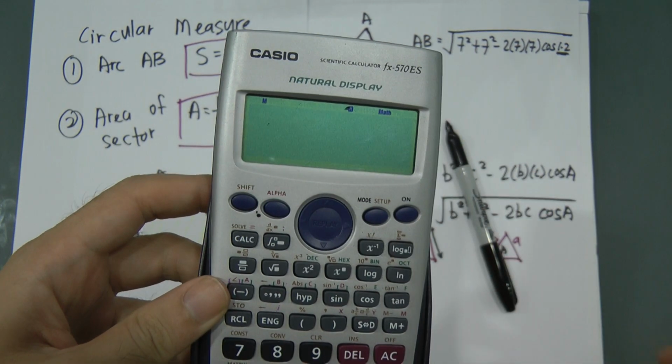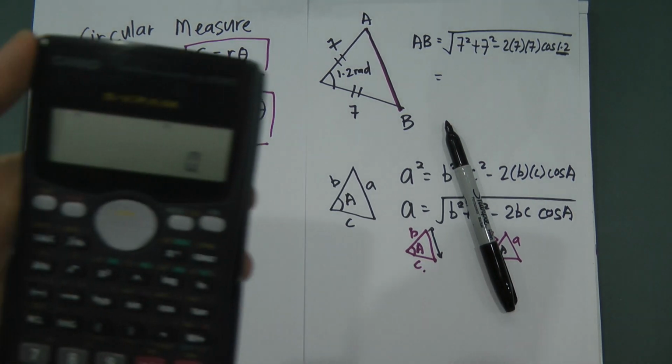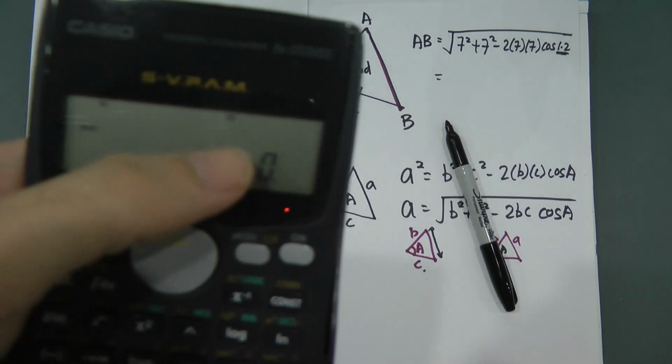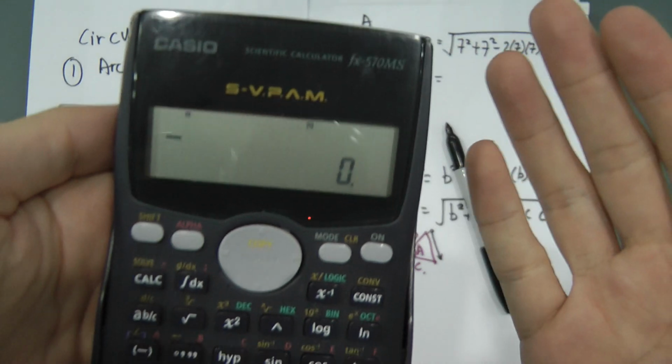If you do not have this calculator, let me show you another calculator. Let's say you have this calculator, you will check that the letter over here is D. Okay, I think it can't focus here.